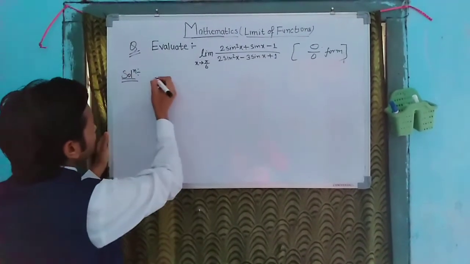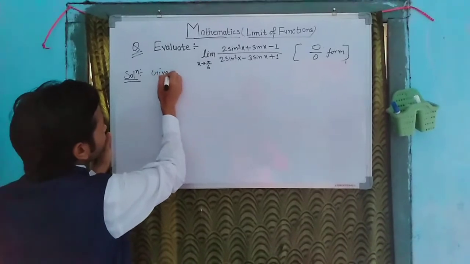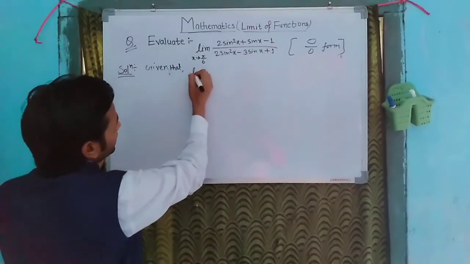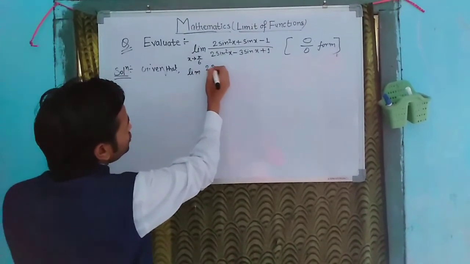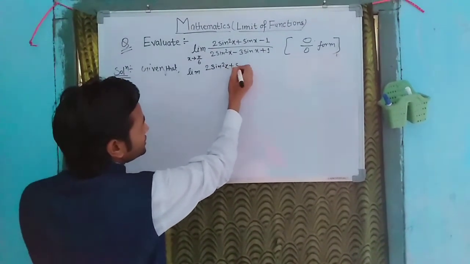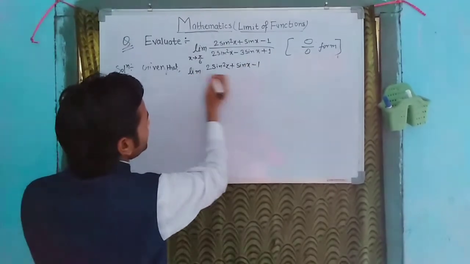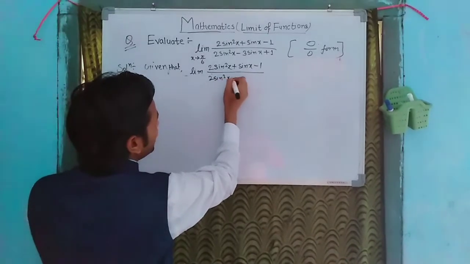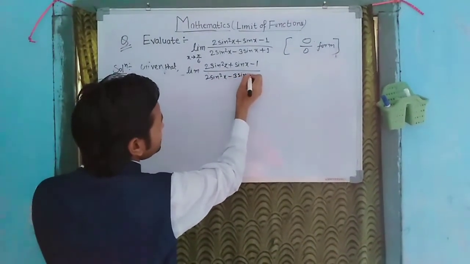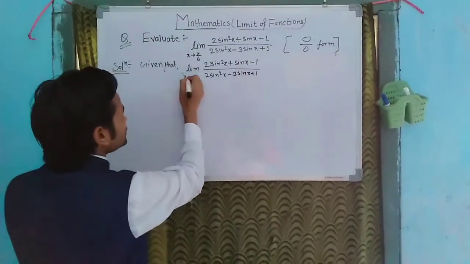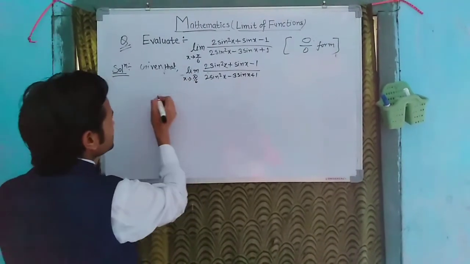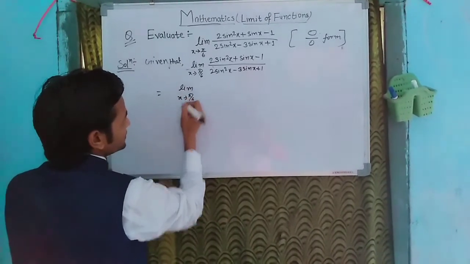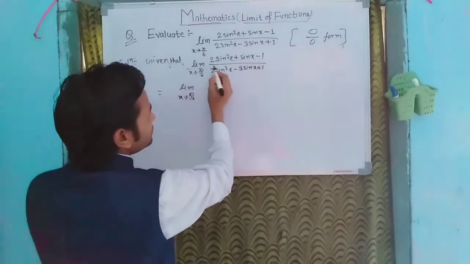So we'll write it as given: limit of (2 sin²x + sin x − 1) divided by (2 sin²x − 3 sin x + 1), where x tends to π/6. Then we will factorize it.